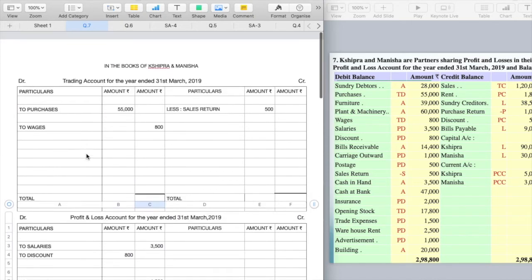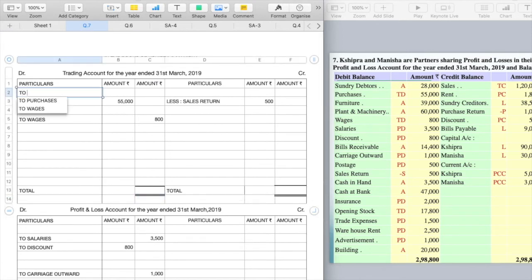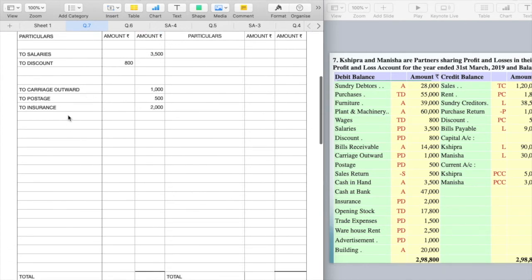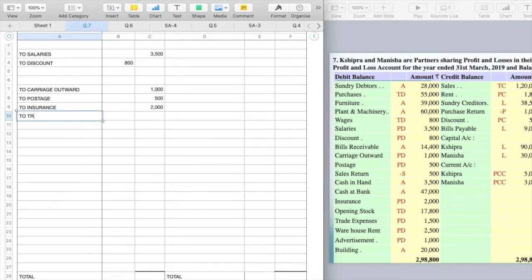Then opening stock, trading account debit side in the very first line, outer column 17,800. Trade expenses in the profit and loss account debit side, outer column 1,500 as there is no adjustment. 'To warehouse rent' in the profit and loss account debit side only, 2,500 outer column as there is no adjustment.